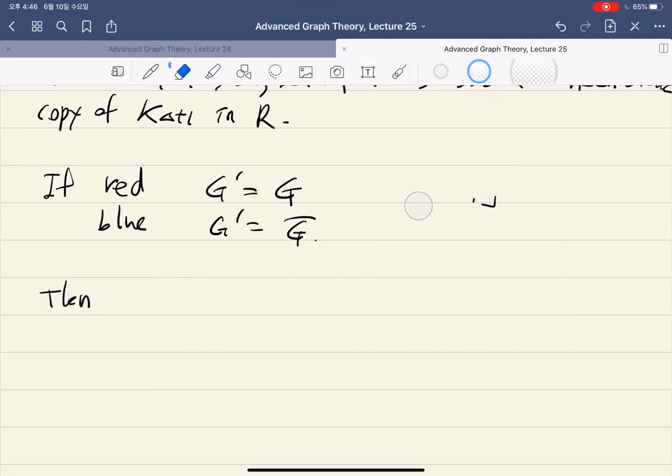So let G prime be the graph in G which is induced by those delta plus 1 clusters.